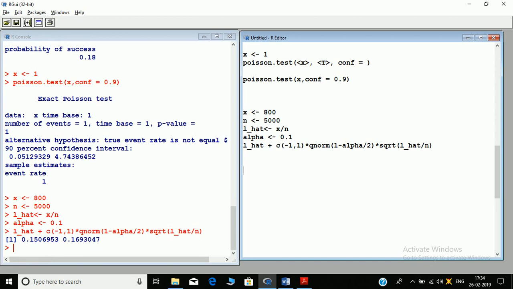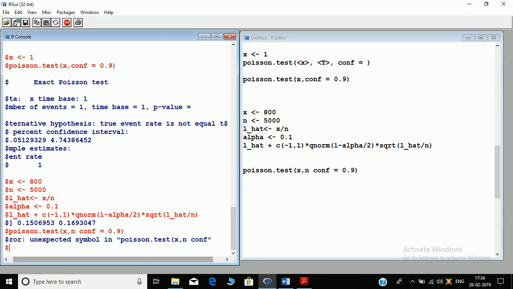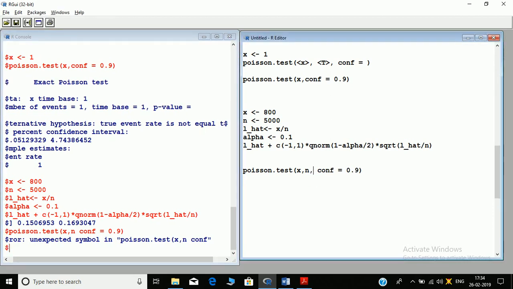We can use the Poisson dot test also directly. So Poisson dot test, it is x comma n, t is the time base, 5,000, and confidence level equals 0.9. Unexpected symbol. Okay, I forgot to give a comma.